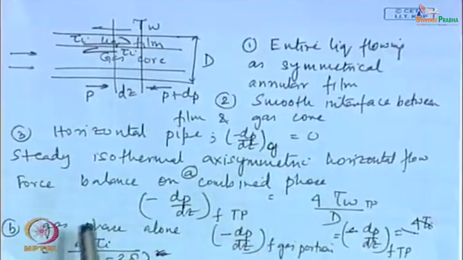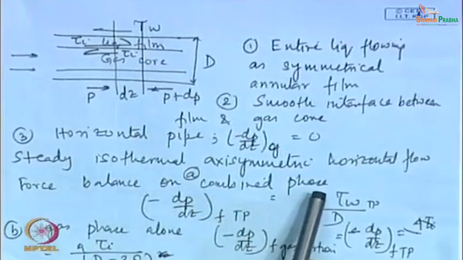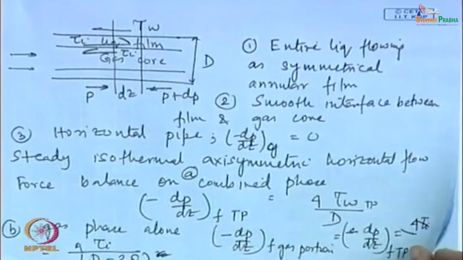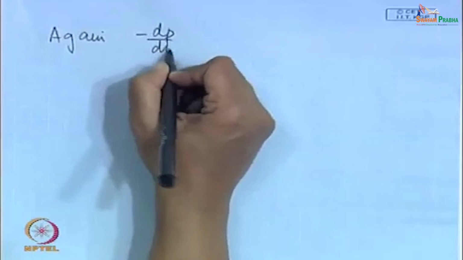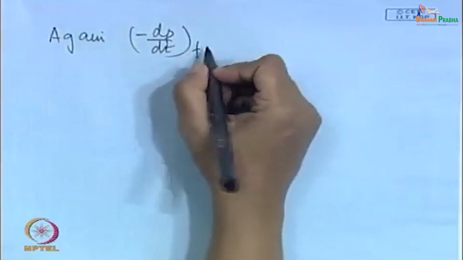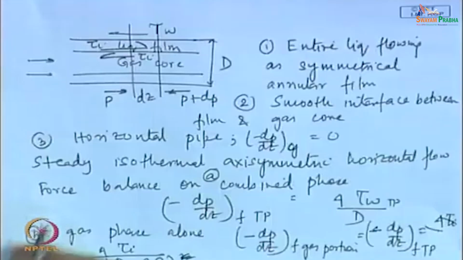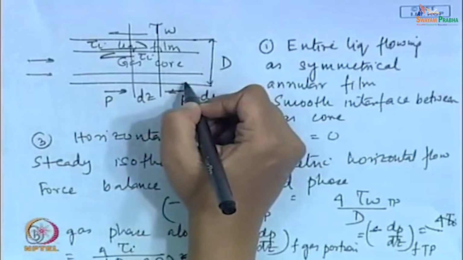From this particular horizontal flow, we find that from force balance on the combined phase and from force balance on the gas phase, we have obtained two expressions. Again we know minus dP/dz frictional when this particular liquid is flowing alone in the pipe.